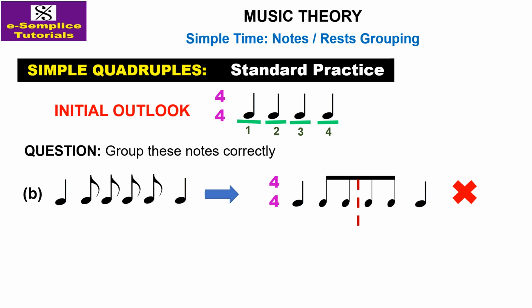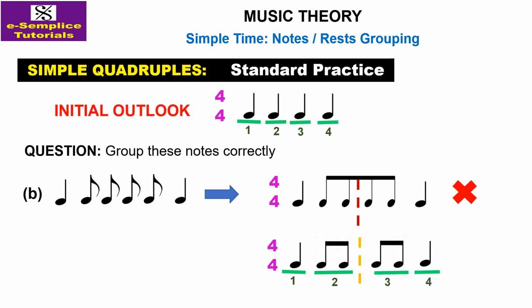The middle of the bar is blocked by a beam. This is the correct way to beam it. A crotchet and 2 beamed quavers one way. The middle of the bar is open. Then beat 3 and 4. This is standard practice.